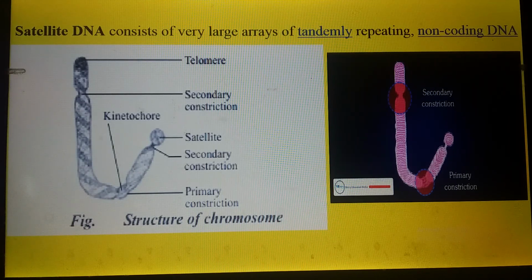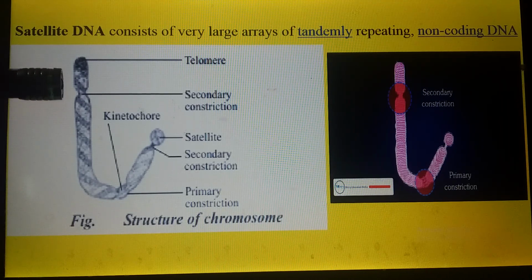This kinetochore protein plate helps in the attachment of the chromosome to the spindle fibers or kinetochore microtubules during cell division, mitosis and meiosis. So it is clear, kinetochore helps in the attachment of the chromosome to the spindle fibers, which are also known as kinetochore microtubules. So this plate is made up of proteins, and it is present on the surface of the primary constriction, meaning centromere. Now moving towards the secondary constriction.